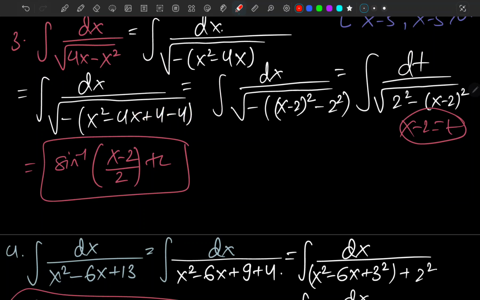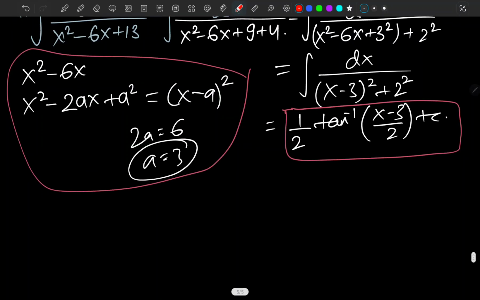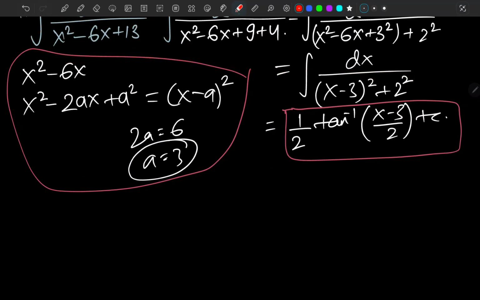And if it had been plus 8, maybe something like that, I'm not sure, you just have to use this thing. You can calculate a that you have to use for breaking this function into two squares. I hope you are learning a lot of things from my video.